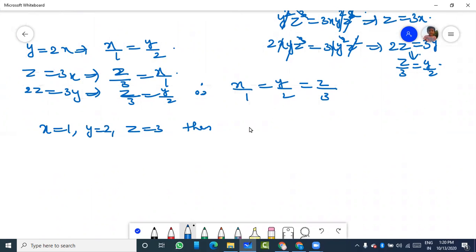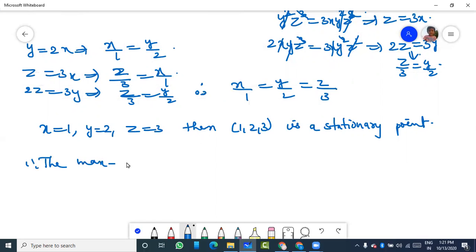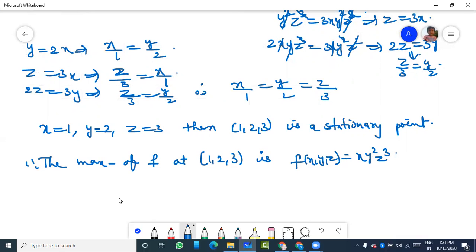Then 1, 2, 3 is a stationary point, not a saddle point. It is a stationary point at which the function has a maximum. Therefore, the maximum of f at 1, 2, 3: f of x, y, z is equal to xy square z cube.